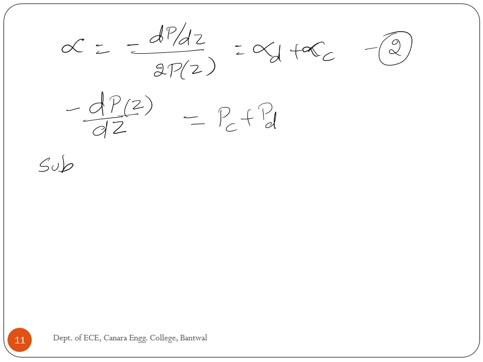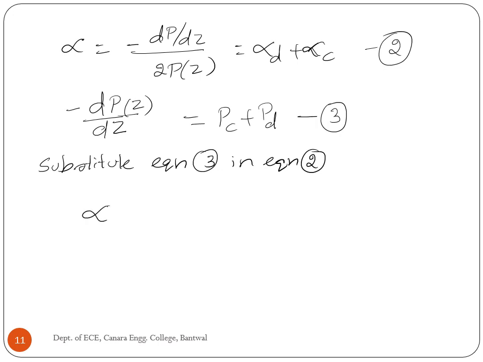Substituting equation 3 in equation 2 results in dielectric attenuation being equal to PD divided by 2P of Z Napiers per meter.